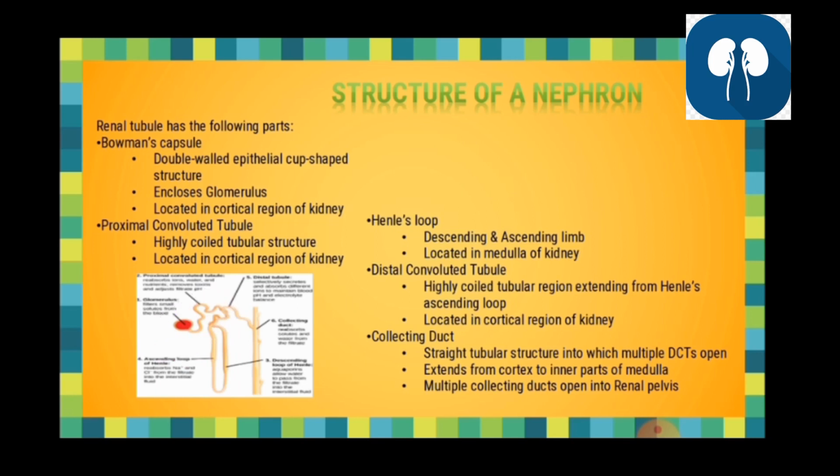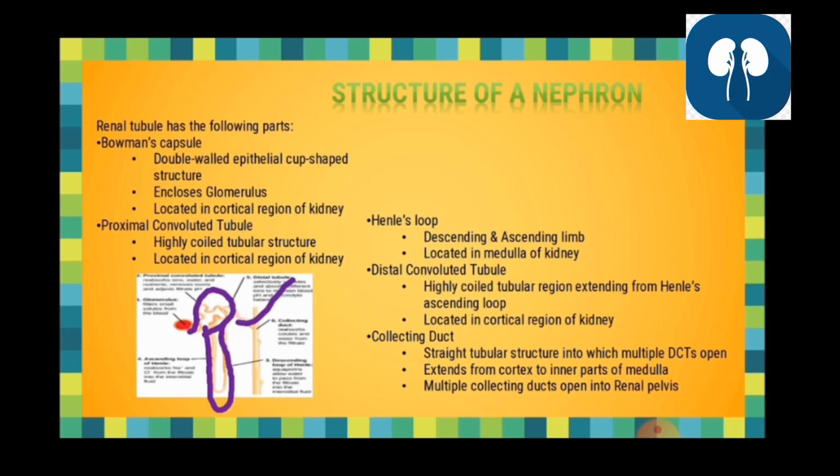The tubule continues further to form a highly coiled network, the proximal convoluted tubule. A hairpin-shaped loop of Henle is the next part of the tubule, which has a descending and an ascending limb. The ascending limb continues into another highly coiled tubule known as the distal convoluted tubule.